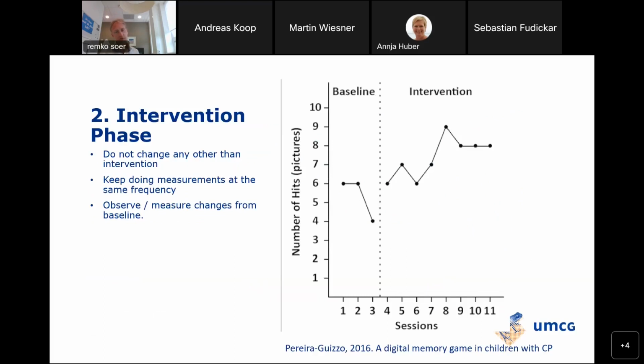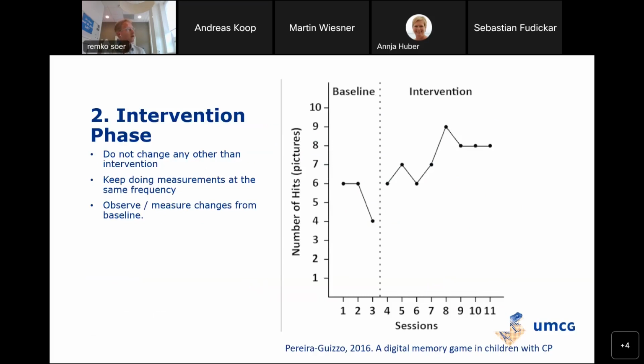So that comes to the second phase, the intervention phase. What is really important is that based on the baseline, you will not change anything except for the intervention.